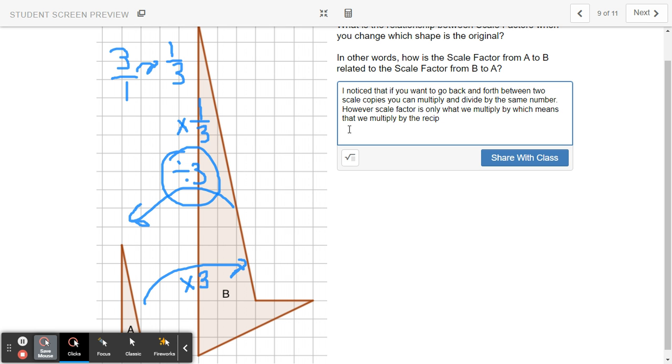I knew I didn't spell that right. Reciprocal. I'll have to look that up. To go backwards, or go back to the copy. Okay.